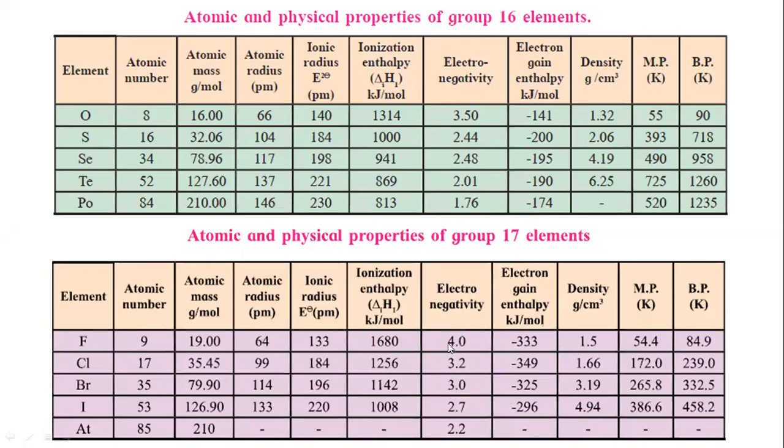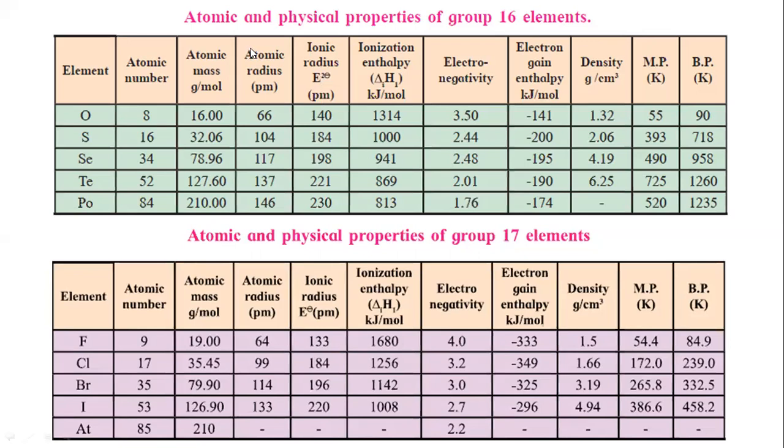So fluorine has higher electronegativity and iodine has less electronegativity. This means the first member can attract the shared pair of electrons towards itself. There is maximum attraction between the nucleus and the outermost electron, remember, because these are closer to the nucleus, and this is happening because the atomic size is very small.